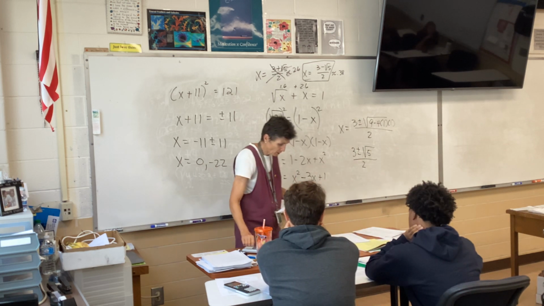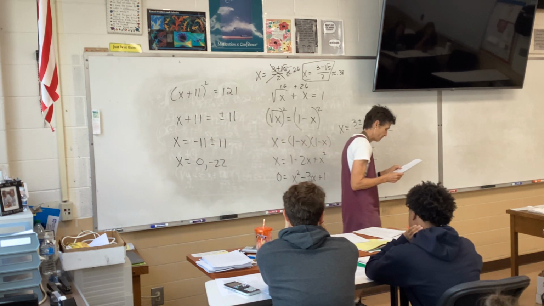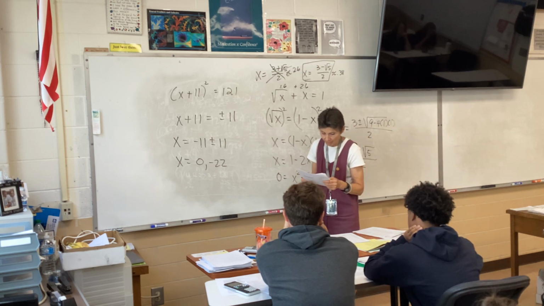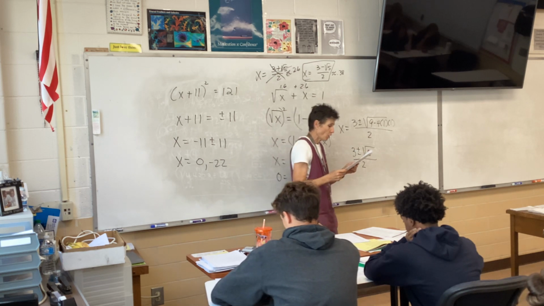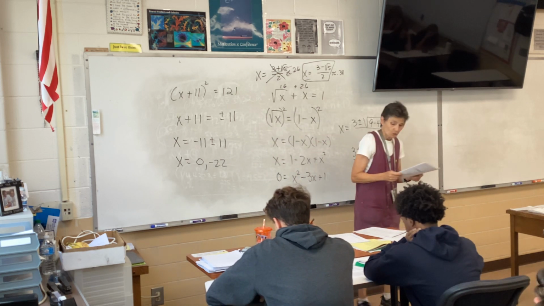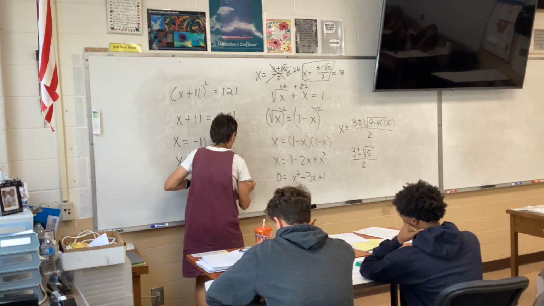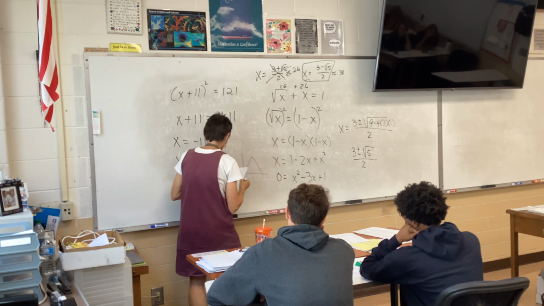1.1. All right, the graph below shows the distance from home for a jogger. Using information from the graph, write a paragraph describing the jogger's workout. So it's the distance from home. Let's just look at that one for a second.